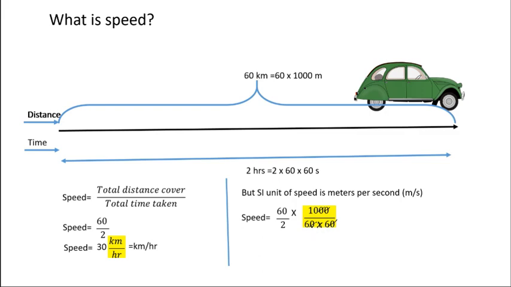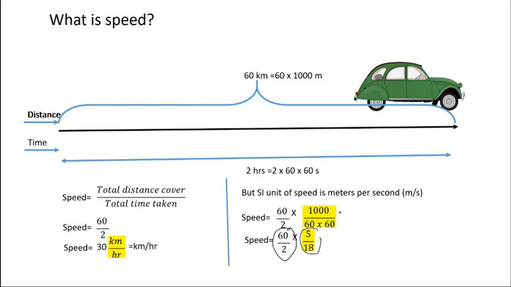So I can write 10 divided by, that will be equal to 60 by 2 into 10 divided by 6 into 6. So that is equal to 5 by 18. If you cancel, finally you get speed is equal to 60 by 2 into 5 by 18.